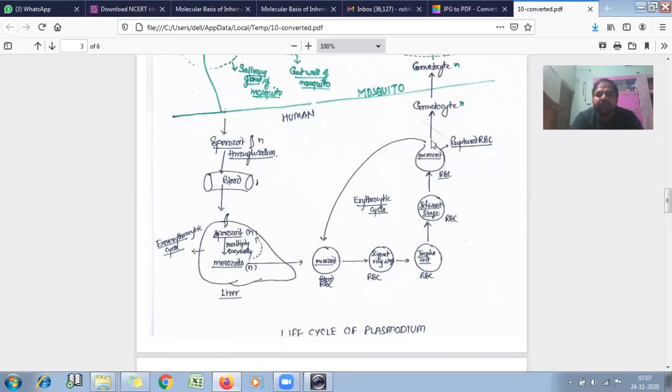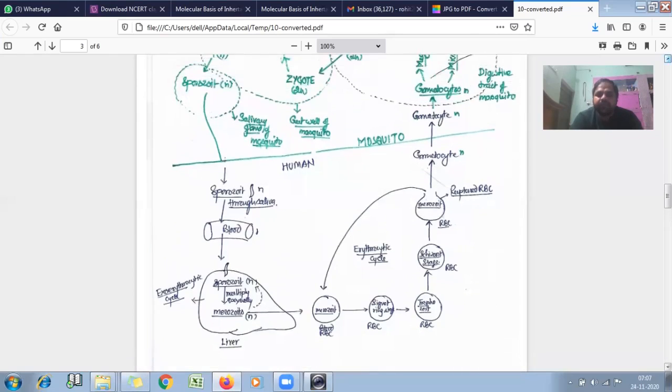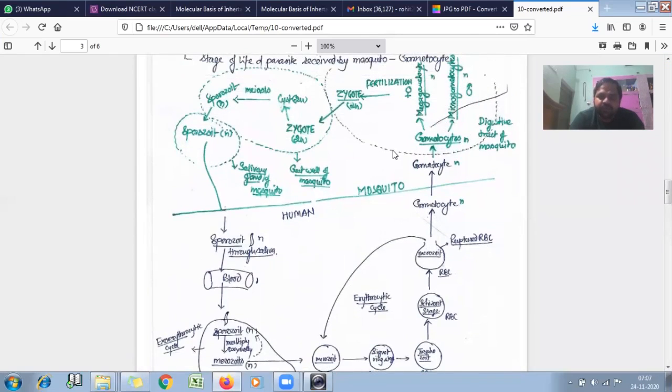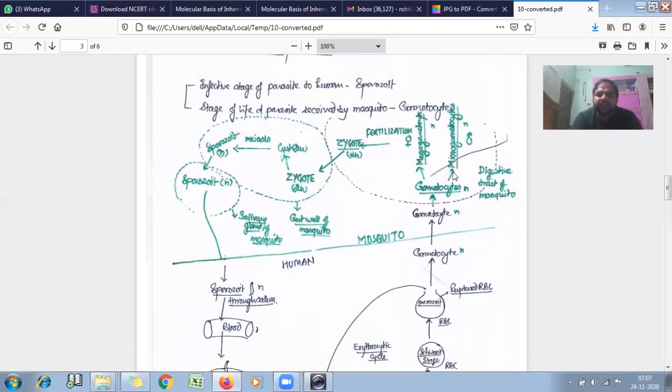Now when a merozoite is converted into a gametocyte, and another mosquito sucks the blood of this infected person, the mosquito receives this gametocyte in its digestive tract, and the gametocytes will be transformed into megagametocyte and microgametocyte.